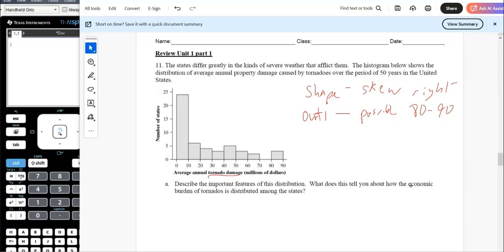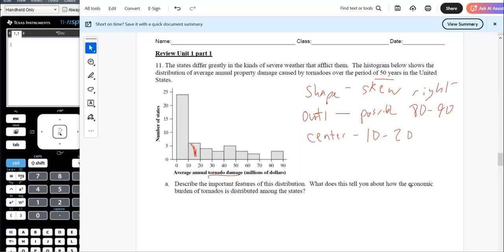It's hard to write on this, so I'm just kind of abbreviating a few things. Center, usually the median. So if there are 50 years, I guess you'd go to 25th and 26th, but the first 24 are there, so it's got to be in here between 10 and 20.